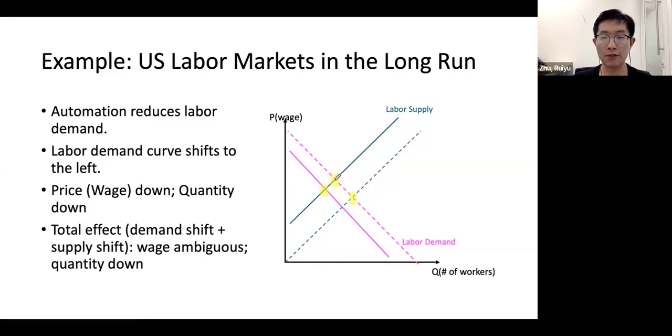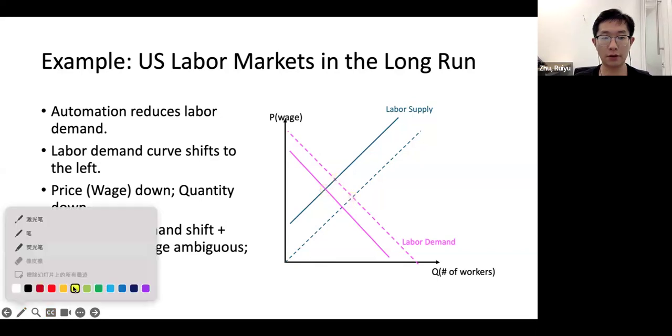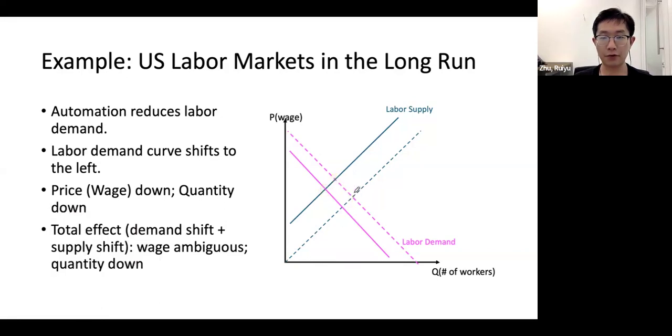From the second equilibrium to the third equilibrium, we'll see the wage going down because the demand shifts to the left, and the quantity going down, right? Now, if we combine the two forces and compare the changes from the initial equilibrium to our final equilibrium, what's the effect?